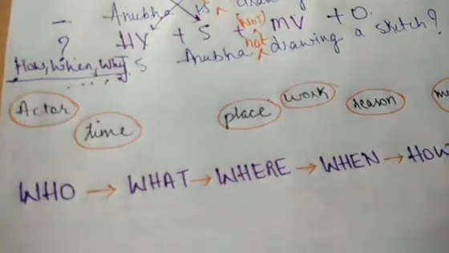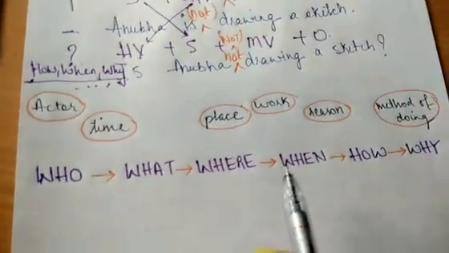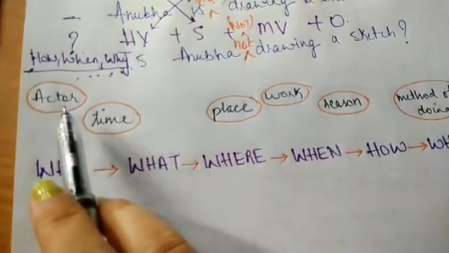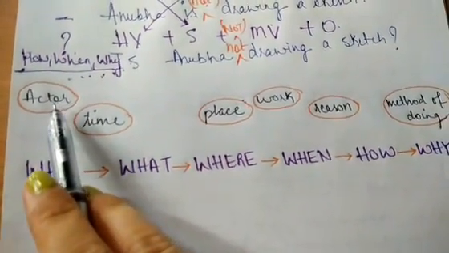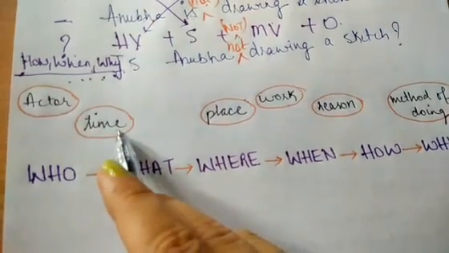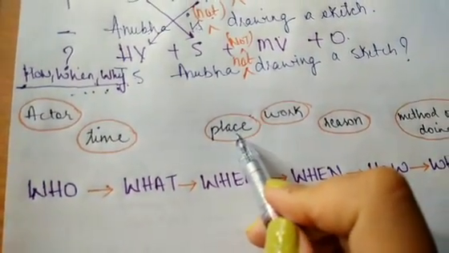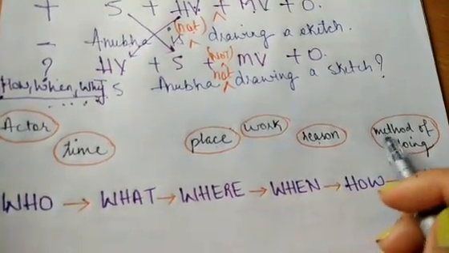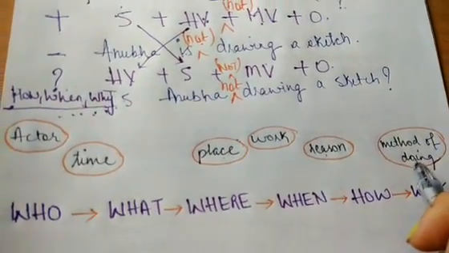Now, when we add certain details to our sentences, we may have certain points to add. The actor, we have talked about this, that is our subject. We may add time, place, certain reasons, or the method of doing it.